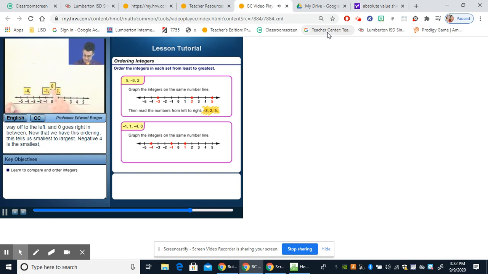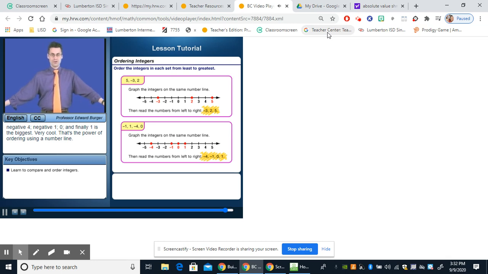And 0 goes right in between. All right, well, now that we have this ordering, this actually tells us smallest to largest. -4 is the smallest, moving from left to right. Then we get to -1. Then we get to 0, and then we get to 1. So the ordering from smallest to largest is -4, -1, 0, and finally 1 is the biggest. Very cool. That's the power of ordering using a number line.